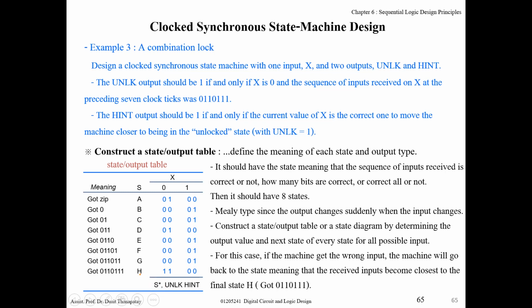At state A, when the clock ticks, if X is 0, that is 1 correct digit, so it should go to state B. But if the input is 1, it stays in state A.